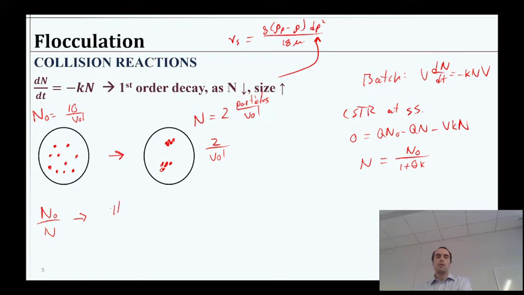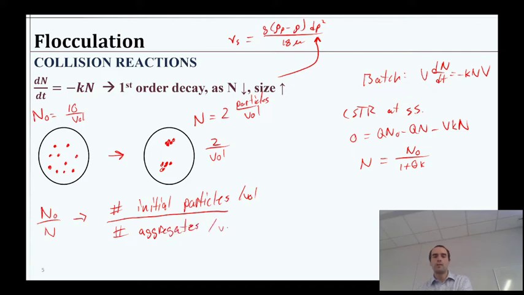the number of initial particles in each aggregate. Technically that's per volume, right? Per volume. And then we have on the bottom number of aggregates, I'm just going to call them, also per volume, so that's just going to cancel, right?